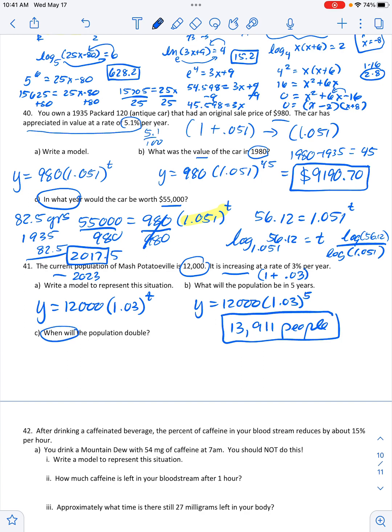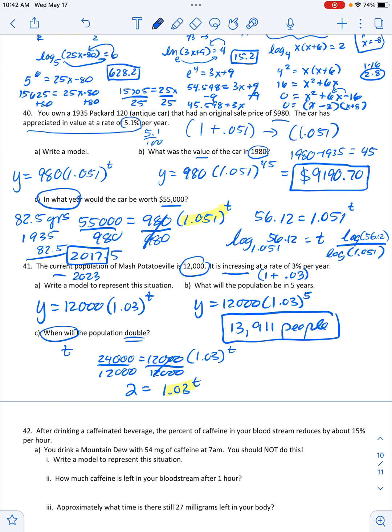When will, so this is going to be a T, it double. Okay, so if it started at 12,000, it's going to end at 24,000 if you're trying to make it double. So not surprisingly, when you divide this over, you get 2 because you're trying to make it double. Now, this is a power problem, as they always are in our word problem.